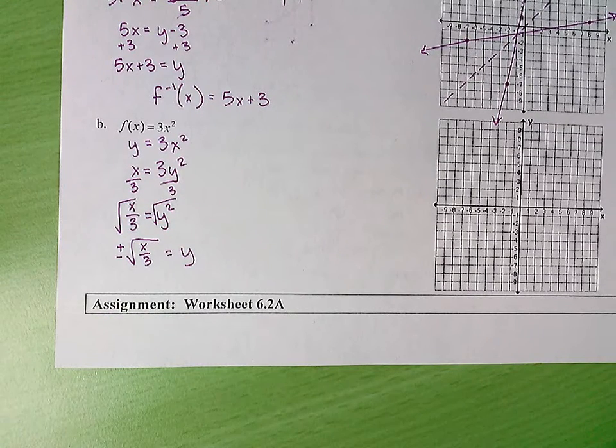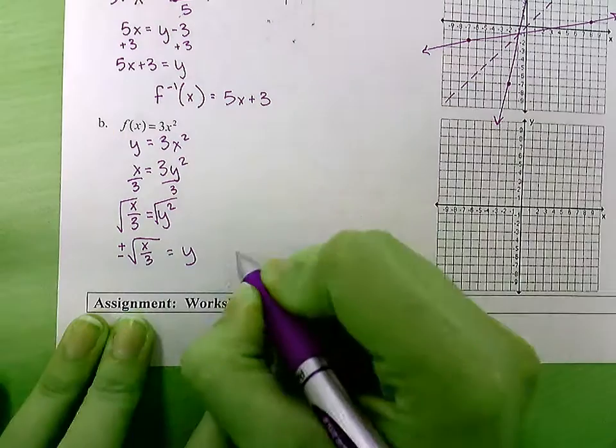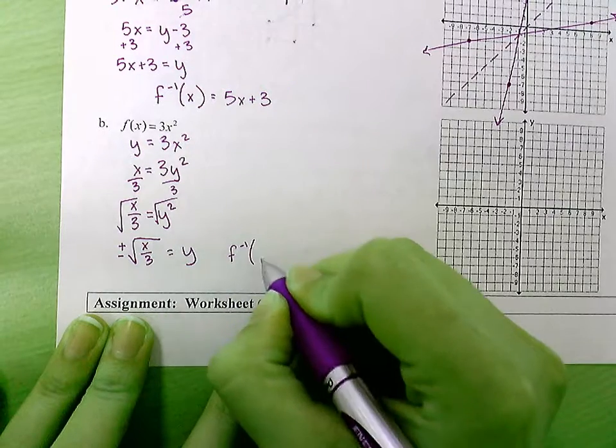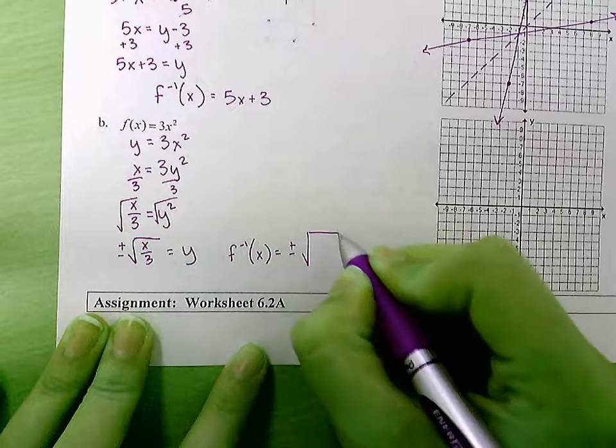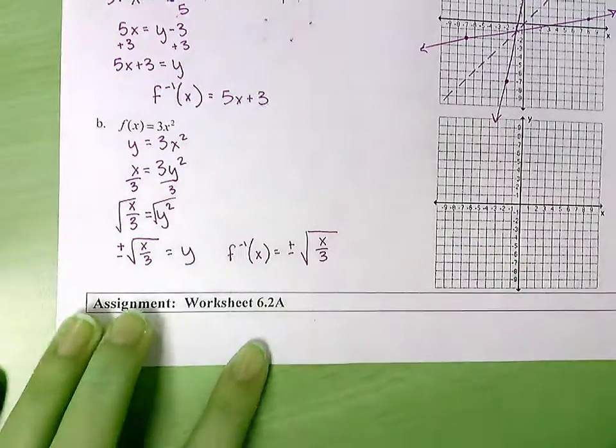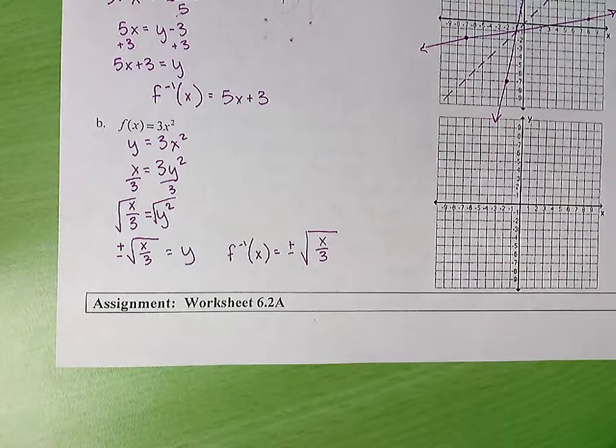Okay, you need that plus or minus in there. Now I can say f inverse of x is equal to plus or minus the square root of x over 3. You could also say it's 1/3 times x. It's the same thing.